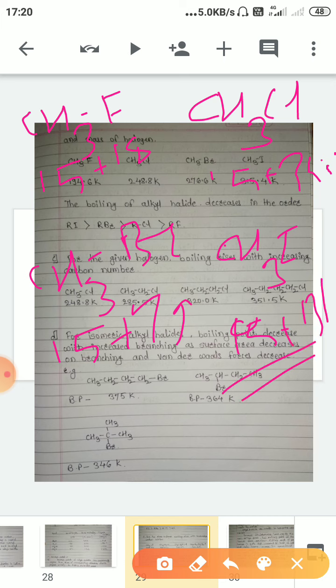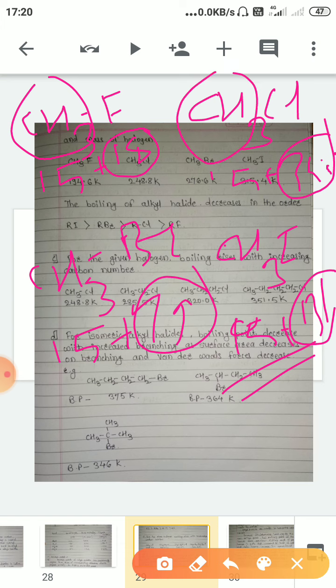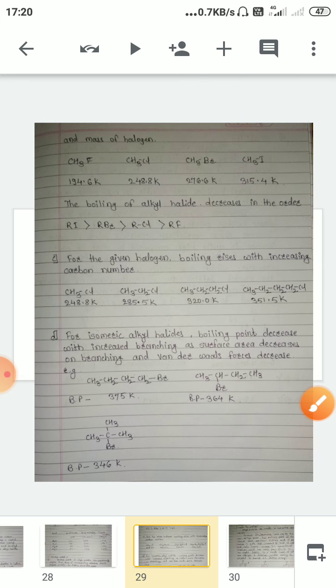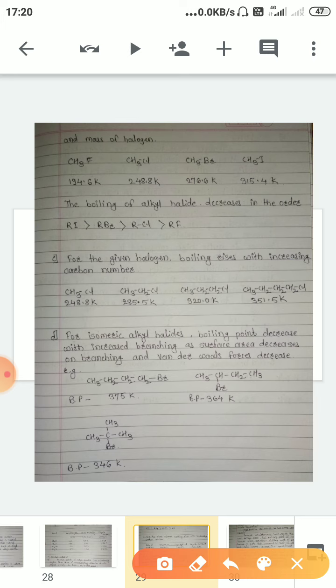So fluorine's mass is 18, chlorine 35.5, bromine 79 and iodine 131, and the mass of methyl is common. So as the mass of the halogen atom increases, the boiling point goes on increasing. Therefore we can say, as the molecular mass of alkyl halides increases, the boiling point goes on increasing.